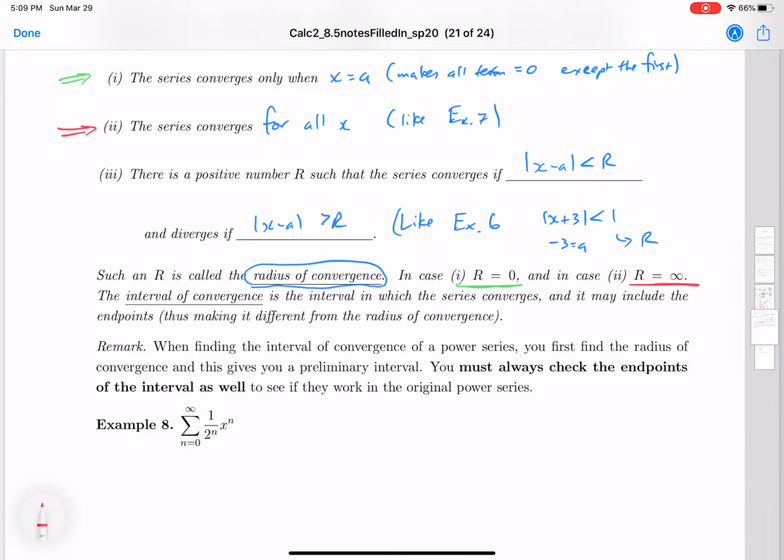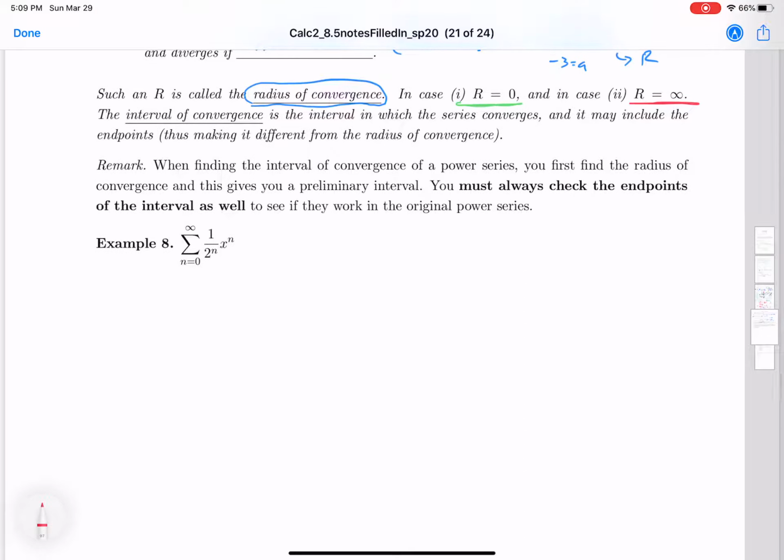So let's do example 8. This is the geometric series we saw before. Remember, this is the sum to infinity, n equals 0, of (x over 2) to the n. So it converges if the absolute value of x is less than 2. That implies that our radius of convergence is equal to 2.